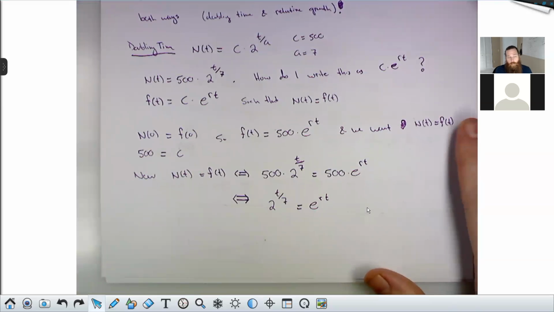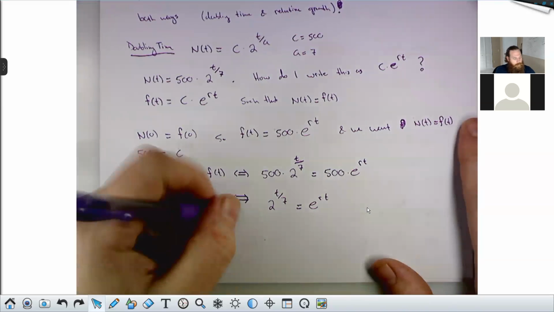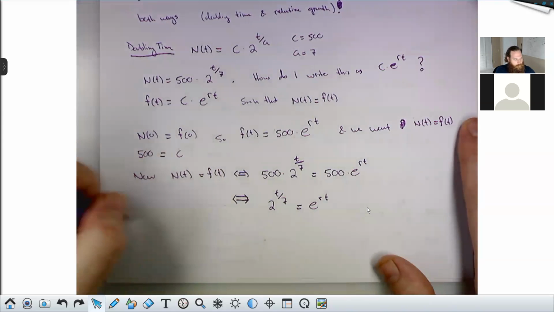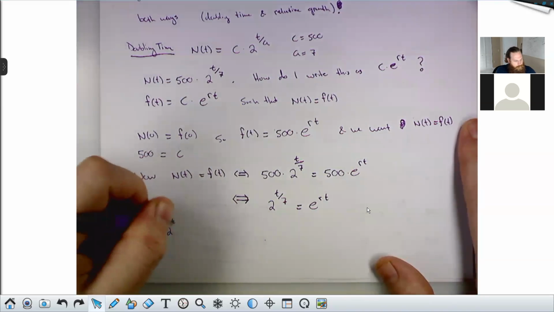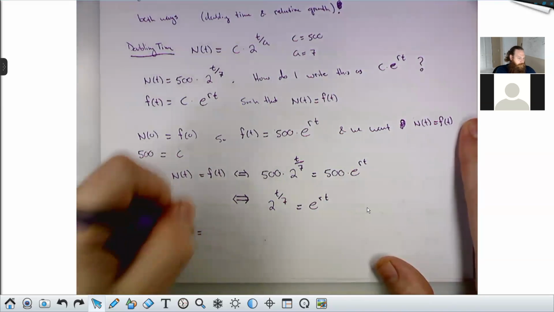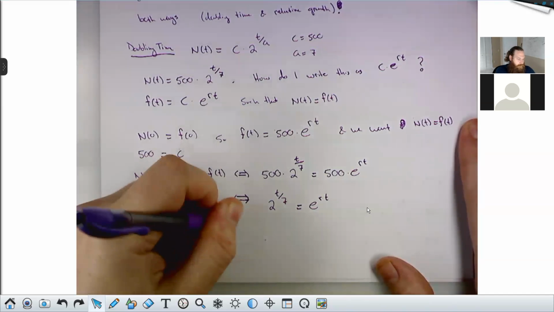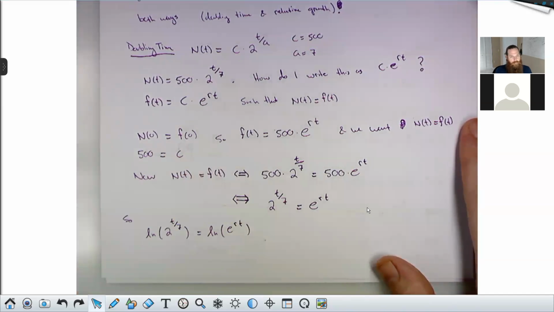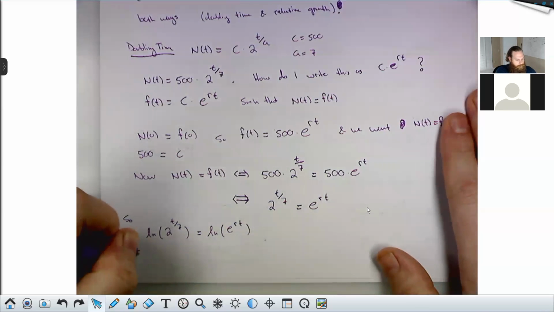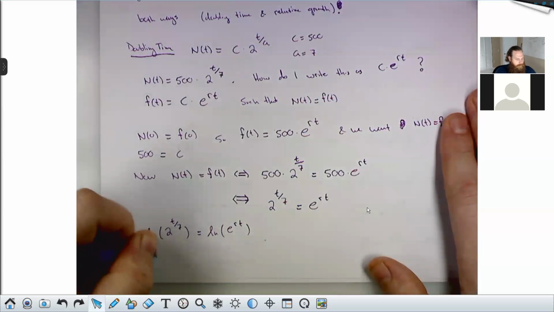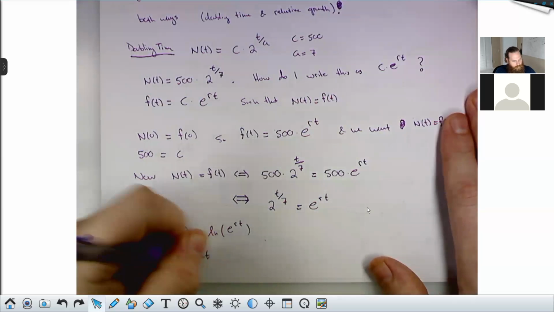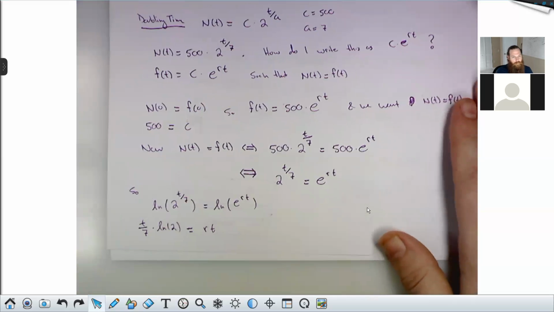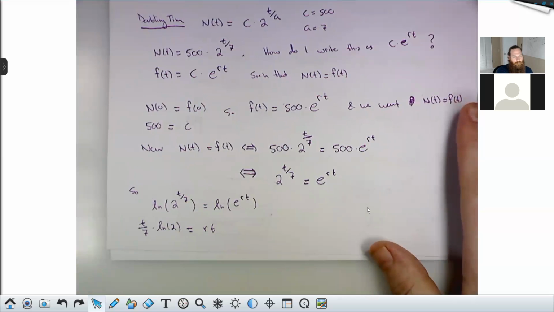And then from here, there's more than one way to skin this cat, but I think the most natural thing to do is to take logs. So ln of 2 to the t over 7 is equal to the ln of e to the rt. The left-hand side simplifies to t over 7 times the natural log of 2, and the right-hand side simplifies to rt.